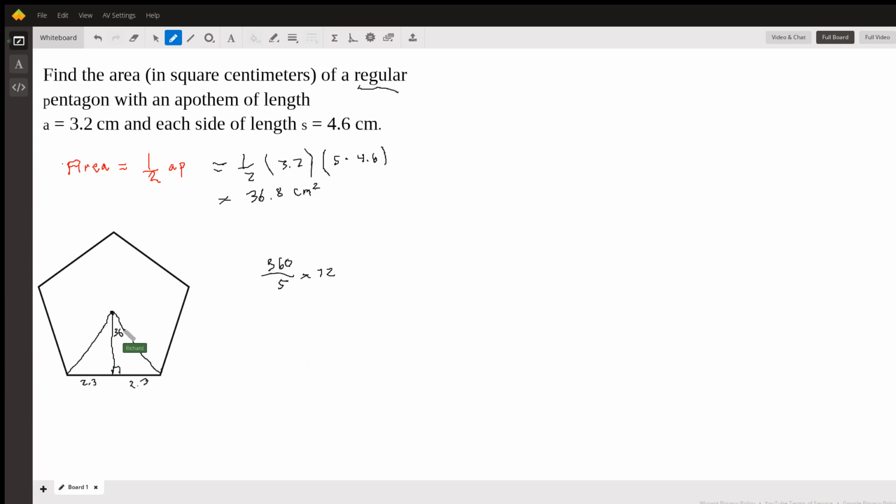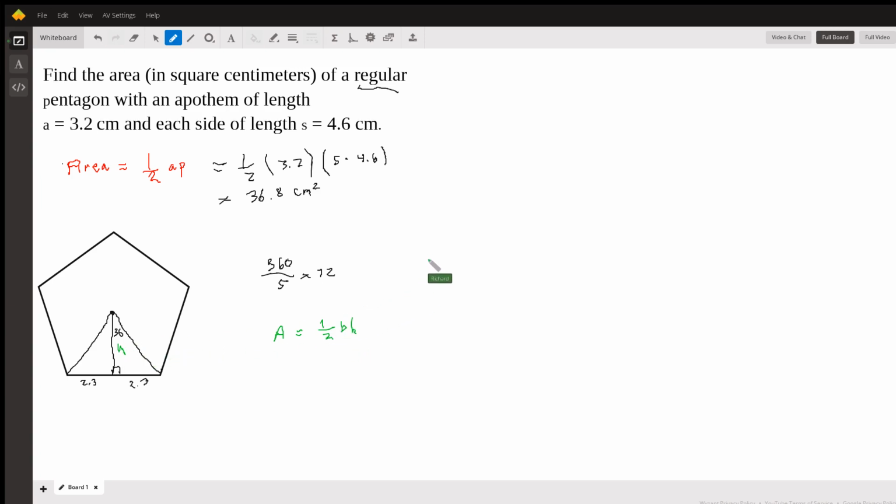And so now all we need is this height. So I'm just going to change colors, give you the height here. So the area of the triangle we all know is 1/2 base times height. And so we need that height. So let's get the height.